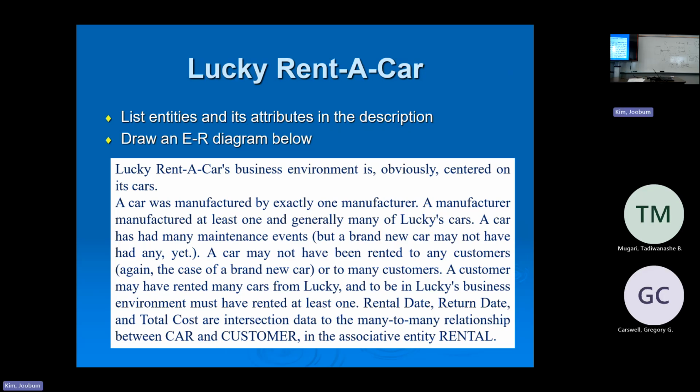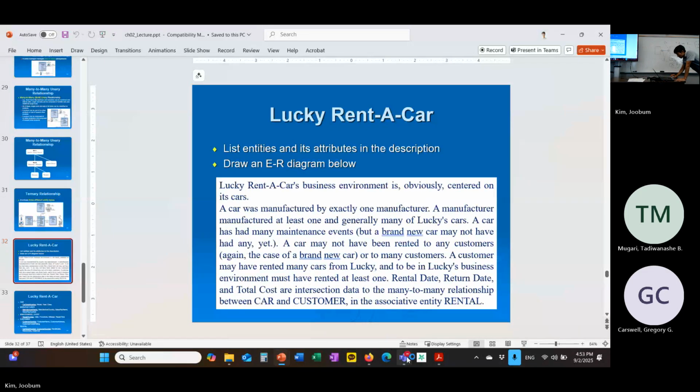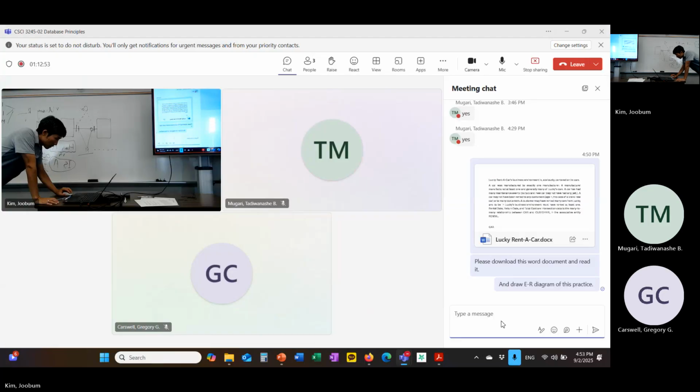Think about the relationship between the entities, like car. Just to check it's working. Okay, it's good. Gregory, Kadiwanashi, can you hear me?